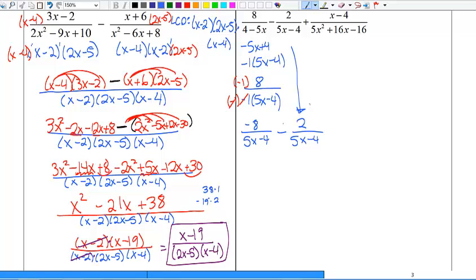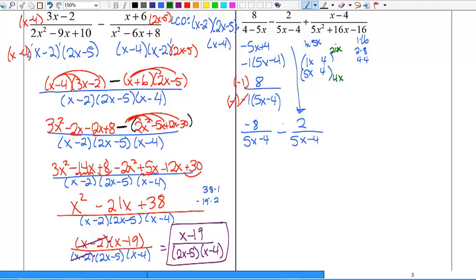And on the third fraction, I need to factor. So I have factors of 1x times 5x, and the factors of 16 are 1 and 16, 2 and 8, or 4 and 4. I'm going to try 1x and 5x, and 4 and 4 to see if that works first. When I multiply across, I'm getting 20x and 4x.